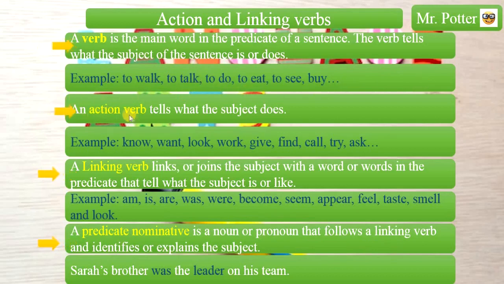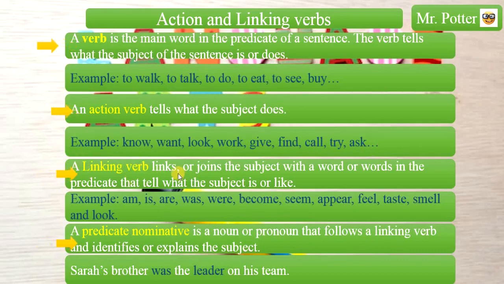Now, what is an action verb? An action verb tells what the subject does. Example: know, want, look, work, give, find, call, try, ask. And remember that we have many others. Now, what is a linking verb?